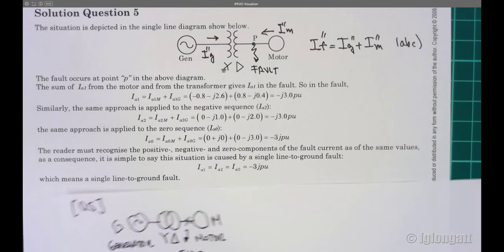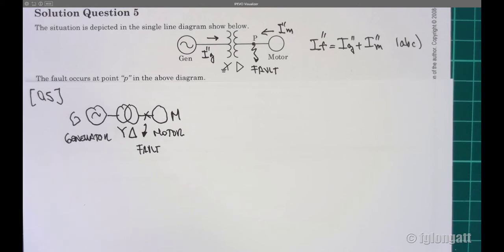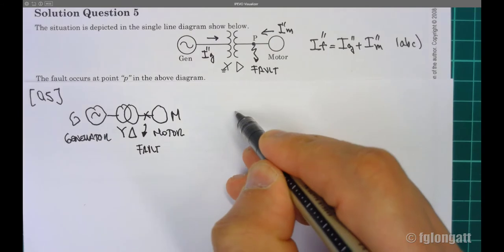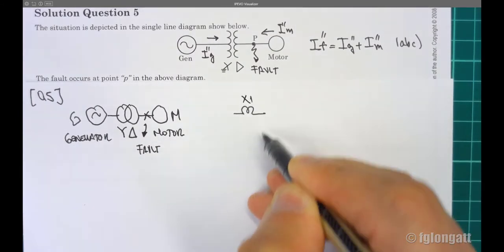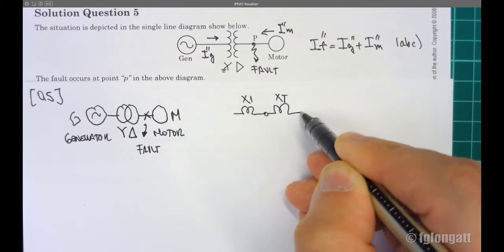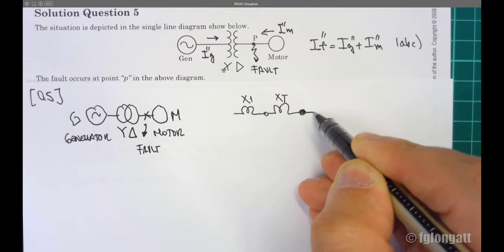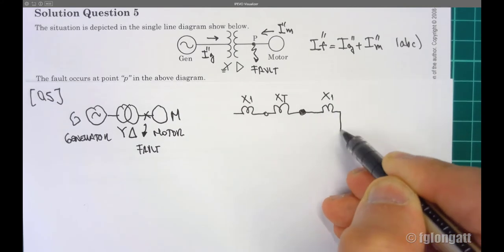Let me come back here a bit. This is the circuit, this is the situation. We have the generator, the transformer, then the fault point P, and then the motor.